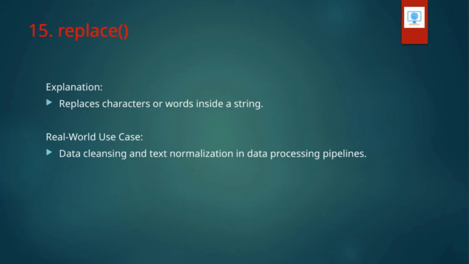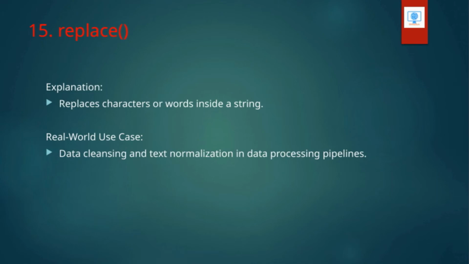For example, if you're working with messy data that has inconsistent spelling or unwanted characters, replace helps clean that up efficiently. It's a simple but powerful tool that plays a crucial role in preparing data for analysis or further processing. By understanding how to use replace effectively, you can ensure your data is consistent and ready for the next steps in your workflow.